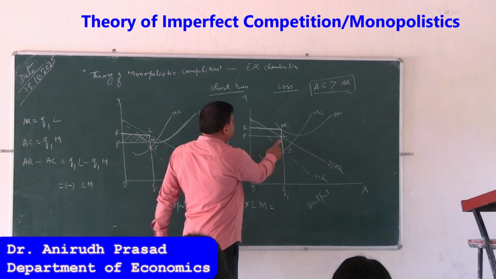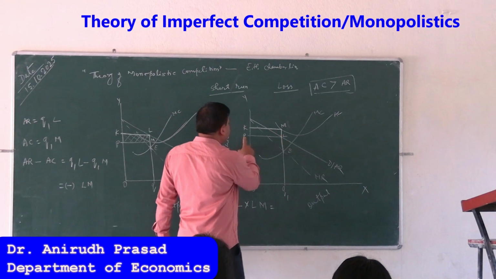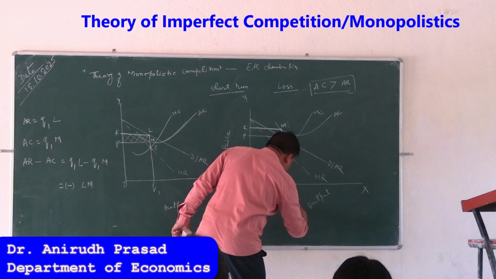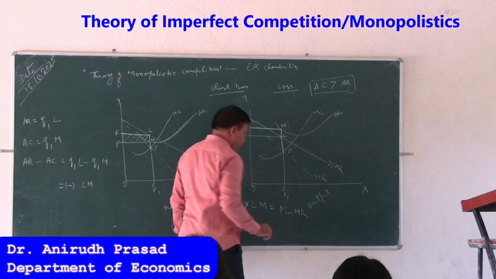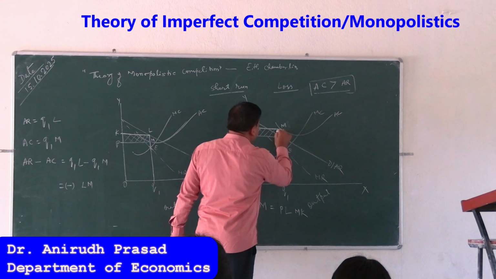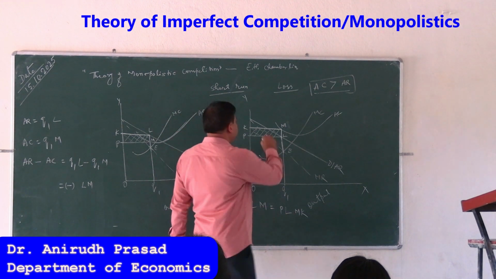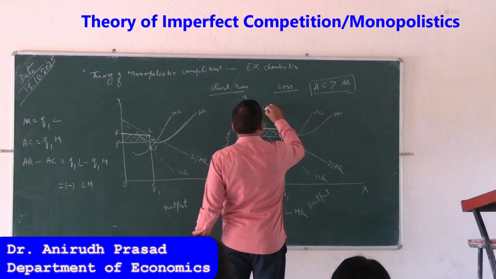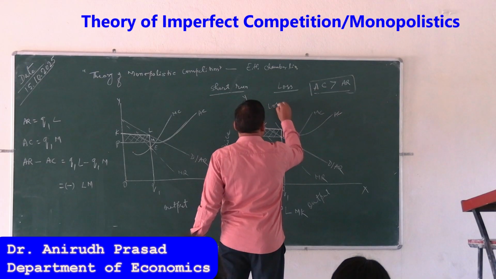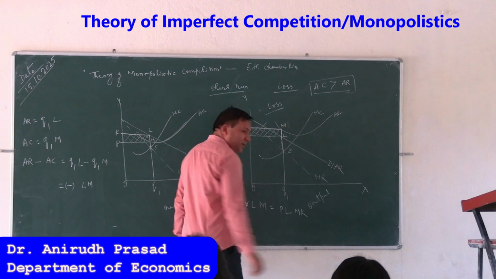So PL multiplied by LM, we will find the area of PLMK. This is the rectangular area which is shown by shading. So this is losses. Loss is the area of PLMK.